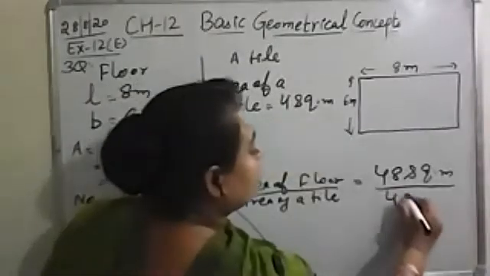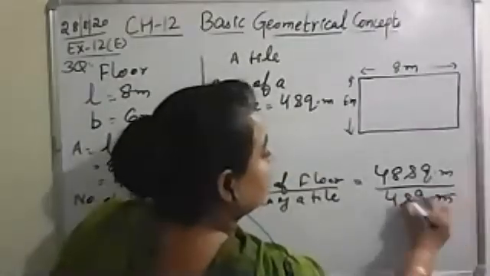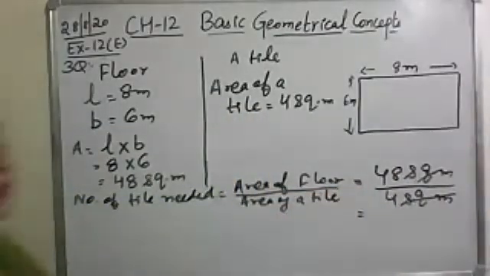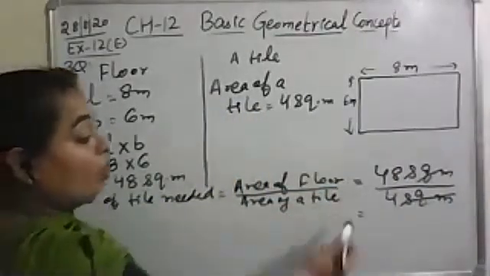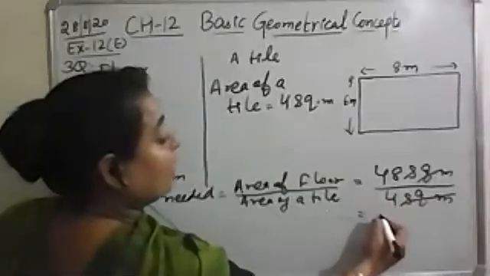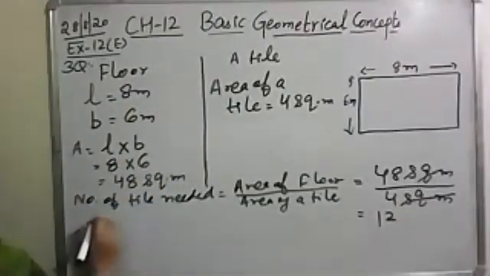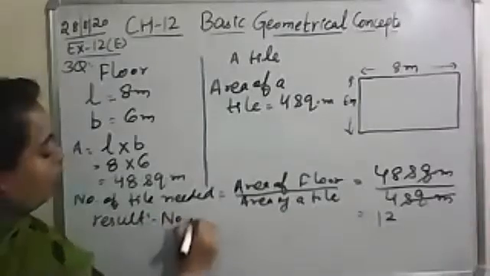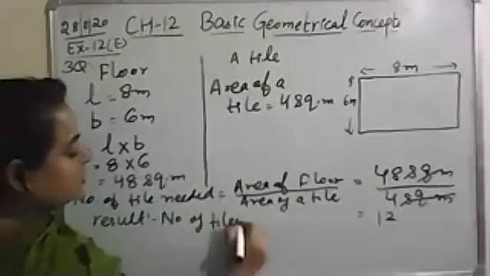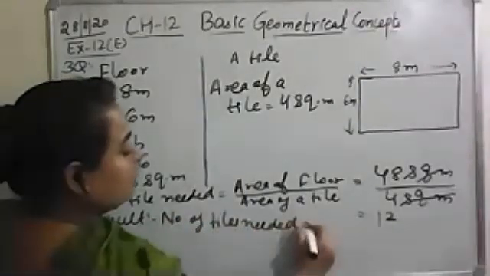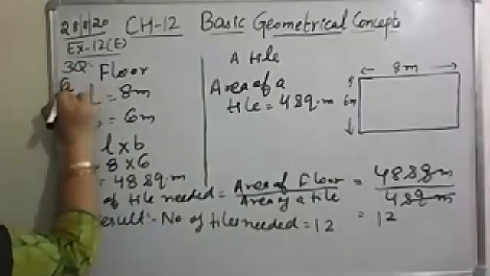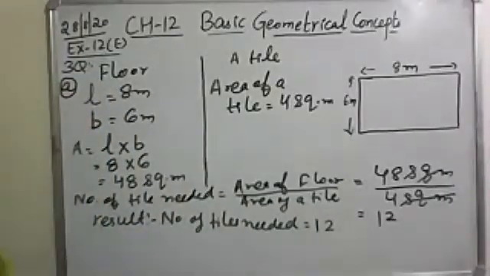So when you divide 48 by 4, you will get 12. So in the result, you will write number of tiles needed is equal to 12. So this is your A part. Note down.